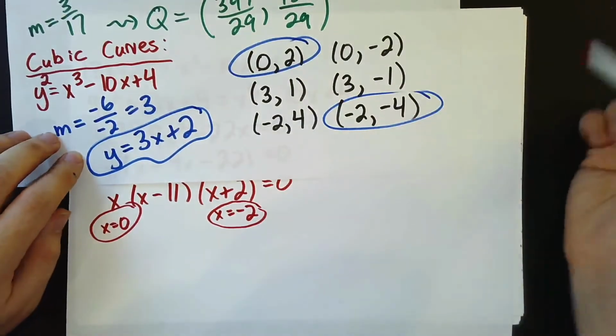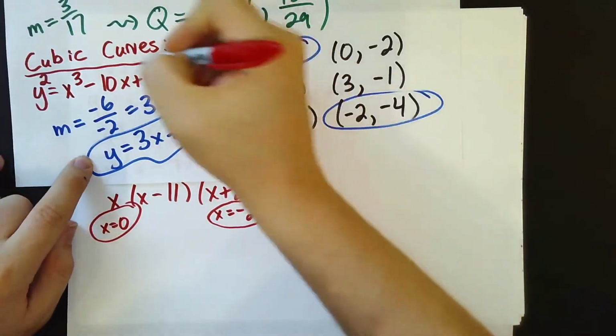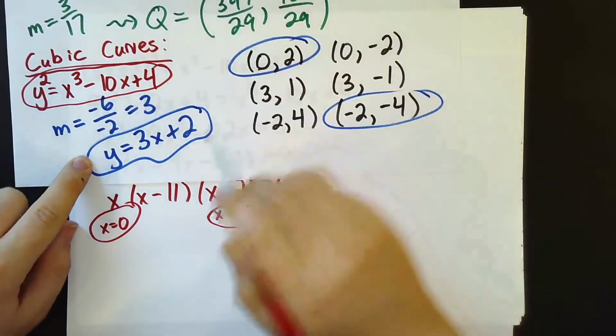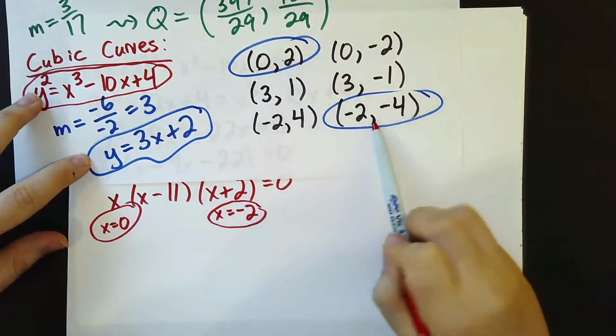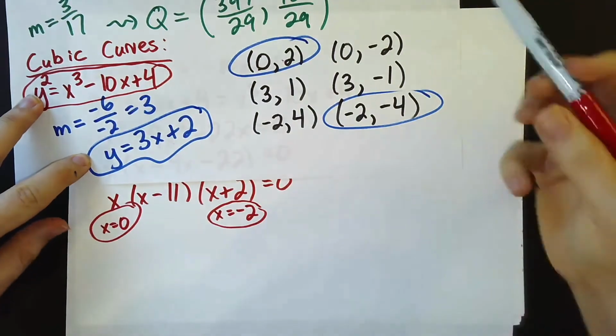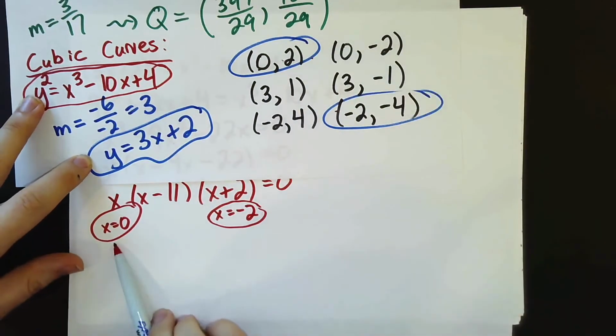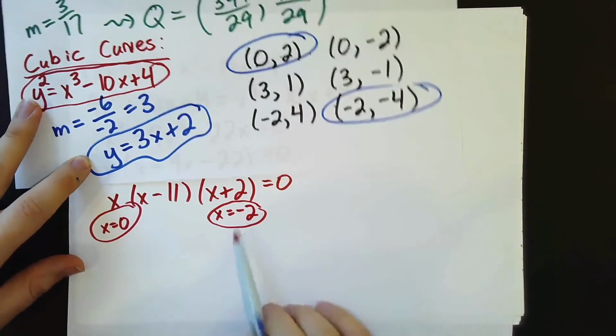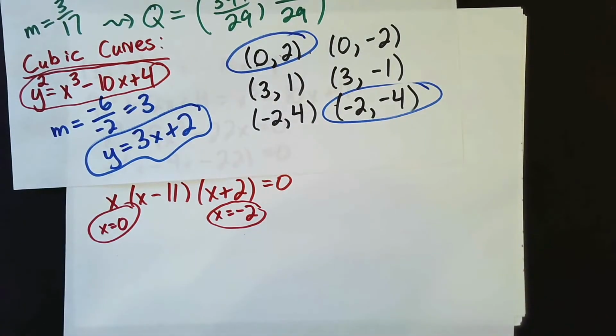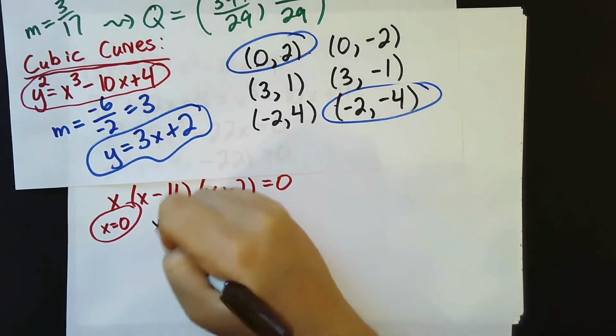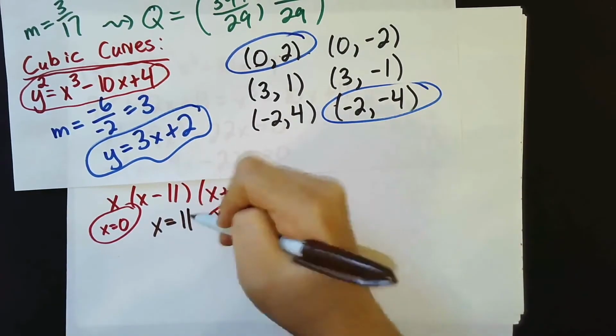Because definitely, the curve that I started with, and this line through these 2 points on that curve, had better intersect at least these 2 points. And so I definitely get an x equals 0 and an x equals minus 2 here. But then I also get a new x, which is x equals 11.